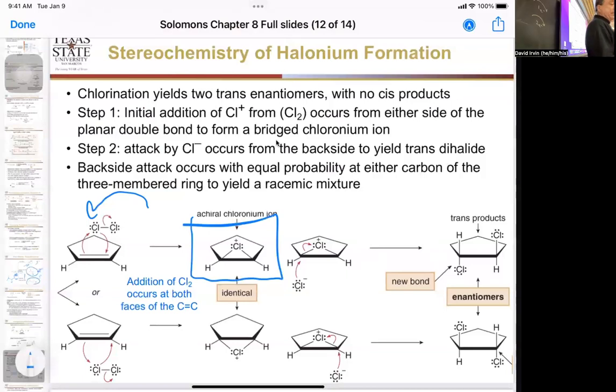And then when we have attack by our chloride ion, it has to attack from the bottom because the top is blocked. And therefore it can attack this side or that side. Doesn't matter. No matter what we do, we end up with our trans product. One attack to the top, one attack to the bottom, always get a trans product. Therefore, it's an anti-addition. Make sure you write anti-addition on your reaction table.